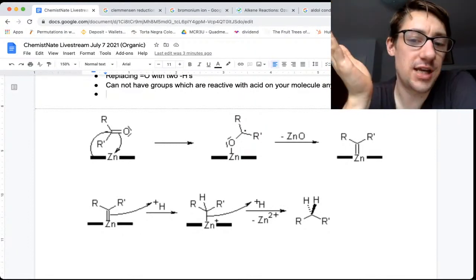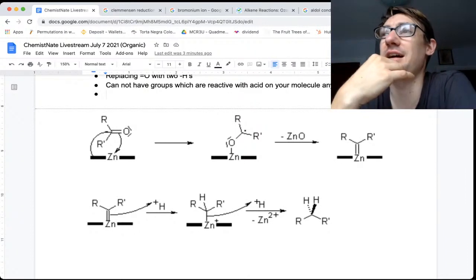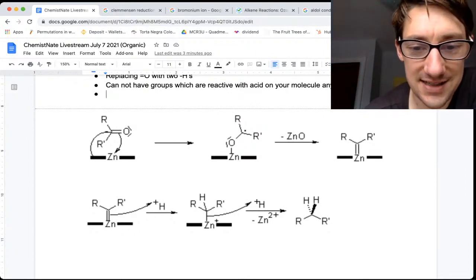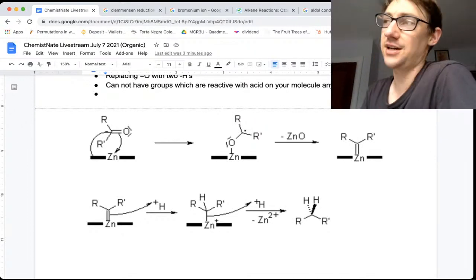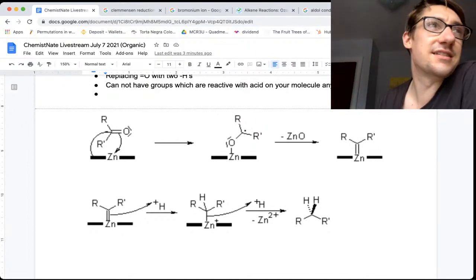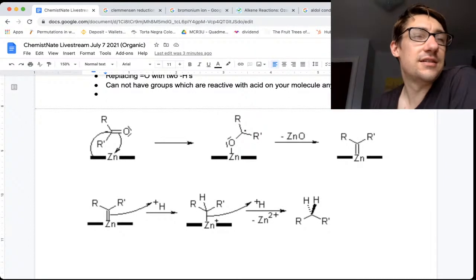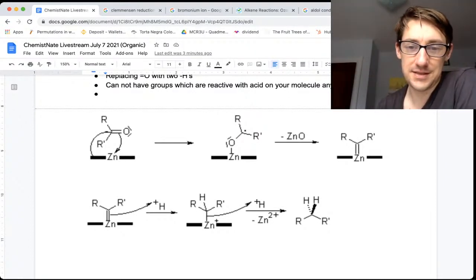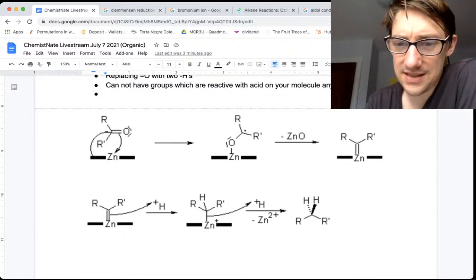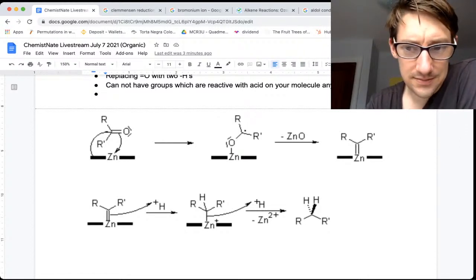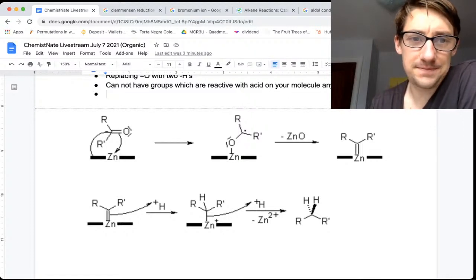It's like a tertiary radical. Tertiary radicals, and I mean that as this is a carbon with 3 things on it and a single electron, they're a little stable. Certainly more stable than primary radicals, but I'm still surprised. Then you lose ZnO. This makes no sense to me. I don't like it.